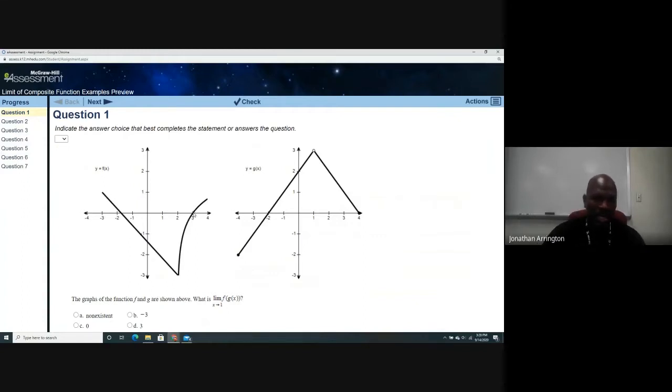No. Do you see a jump discontinuity at 3? No. Do you see an infinite discontinuity at 3? No. So it appears it's continuous at x equals 3. Therefore, the value of the limit would just be f of 3, and f of 3 is 0. So our answer is 0. That's how we do case 1. Case 1 is the most traditional case.